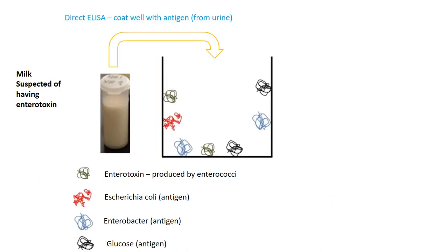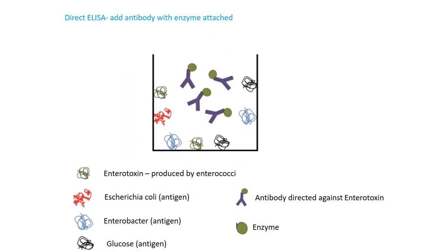So just to go over that again, you have a milk sample which you suspect is contaminated with enterotoxin, which is dangerous to health. So you add the milk sample and a whole range of proteins and other components bind and adhere to the plate. Okay, they're immobilized.